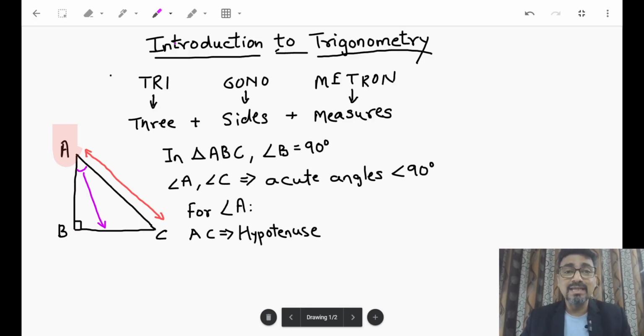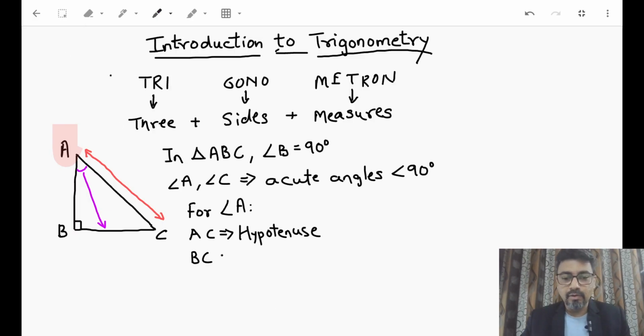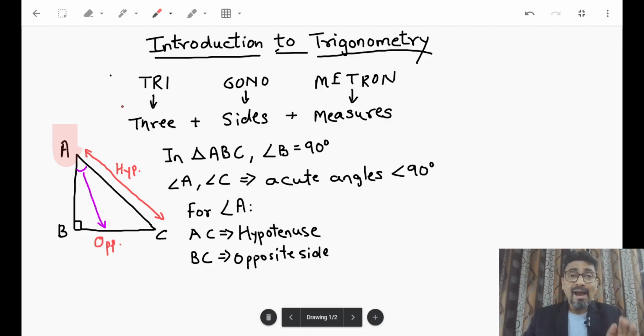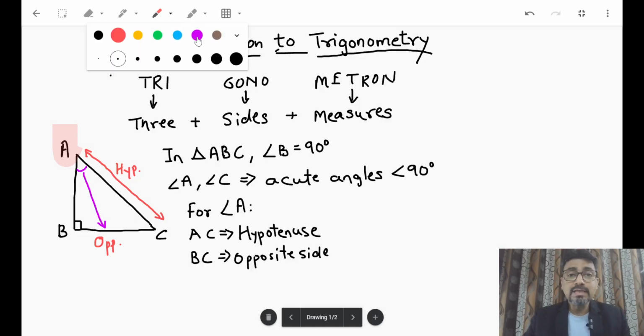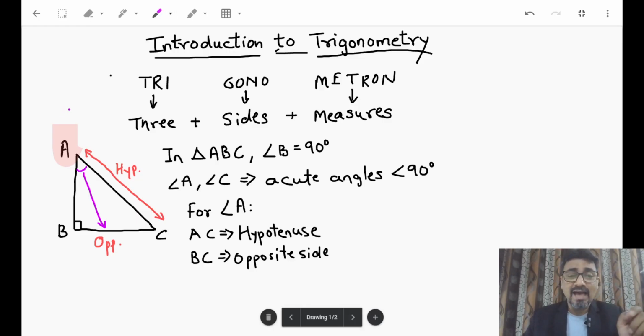Side BC is opposite to angle A, and therefore for angle A, the side BC will be called as the opposite side.